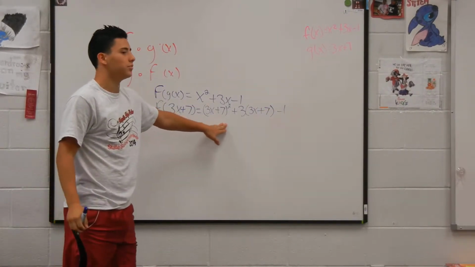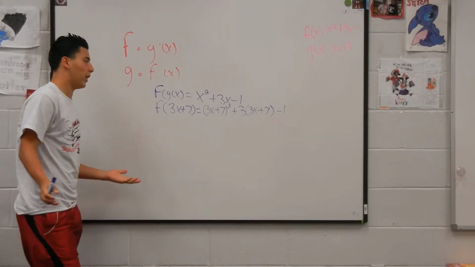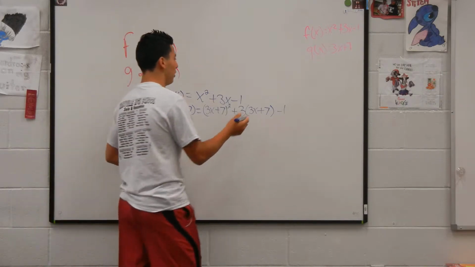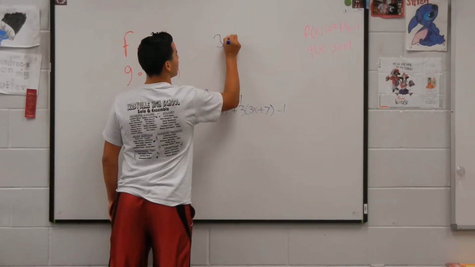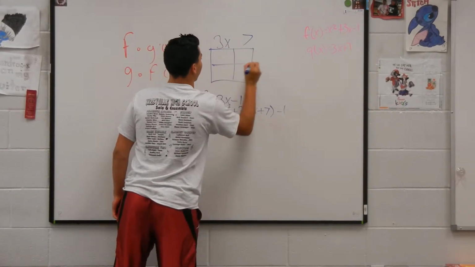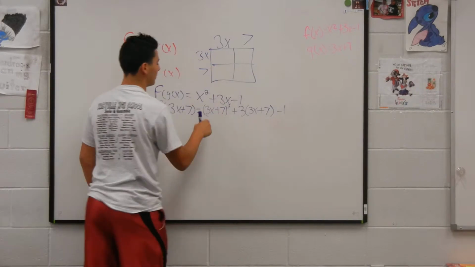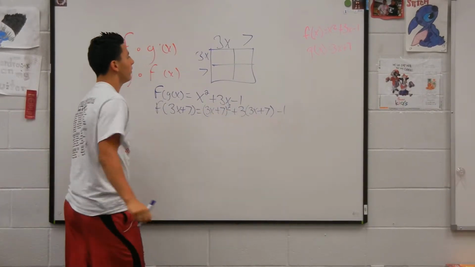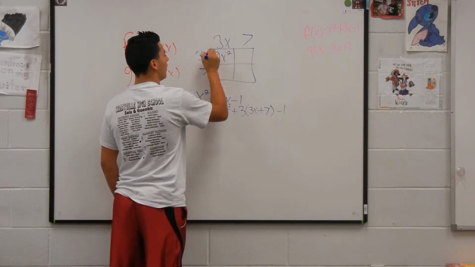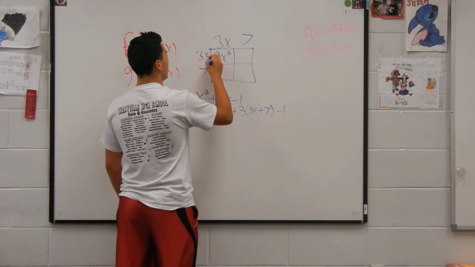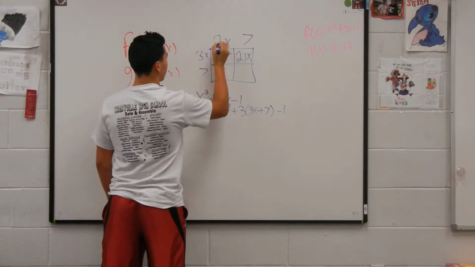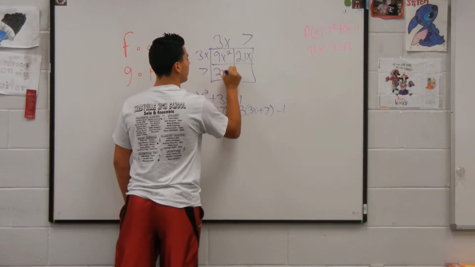All right, to solve this, there are different ways you could do it, but I'm going to do it the Punnett square way. Okay, so you would write 3x and 7, and then 3x and 7 because it's being squared. To solve it, it would be 9x squared, because it's 3 times 3 and the 2 x's. And then over here, it would be 21x. Down here, 21x again.